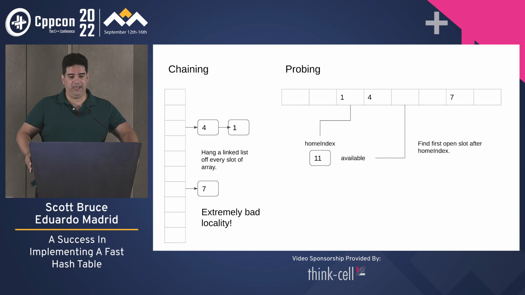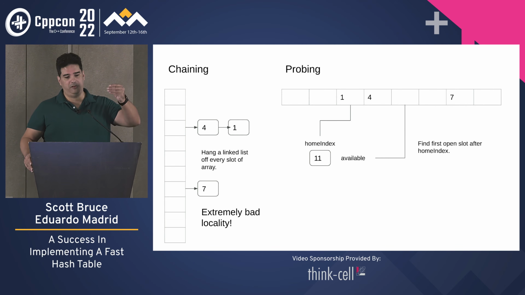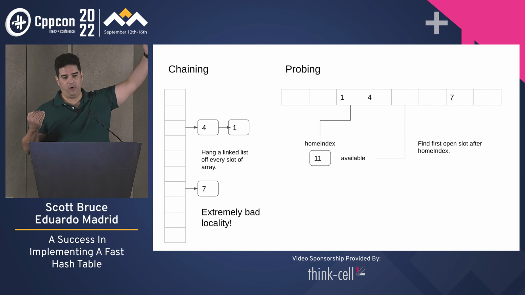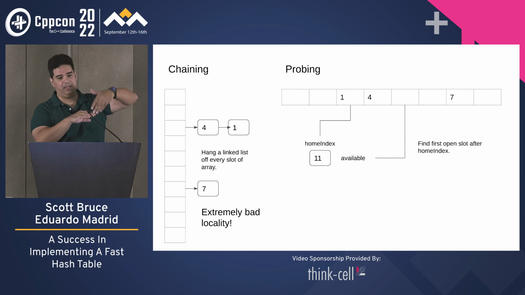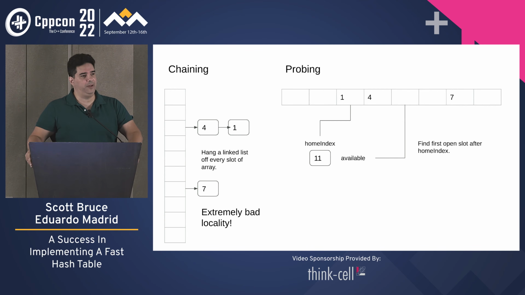So what does it mean, chaining? That you have a series of slots and the slots become sets of more than one element if there are collisions. If more than one key wants to go into a particular slot in the table, then the slot becomes a set to hold as many individual keys as are colliding into that slot.